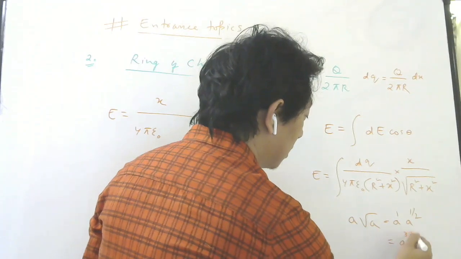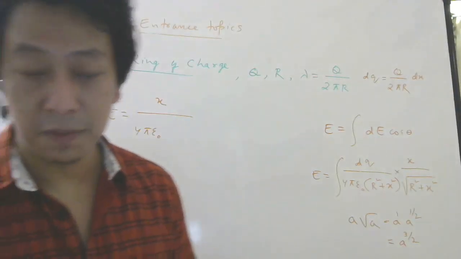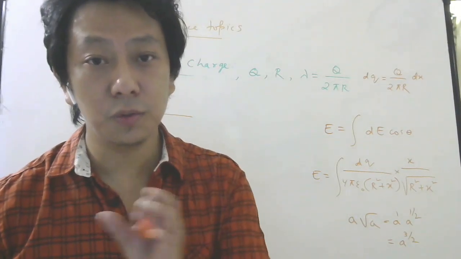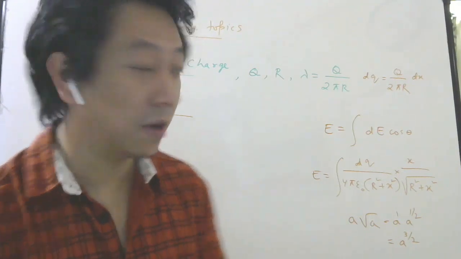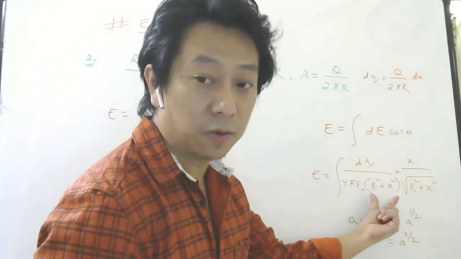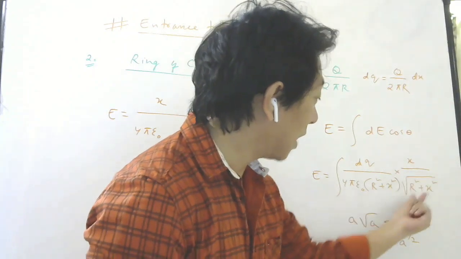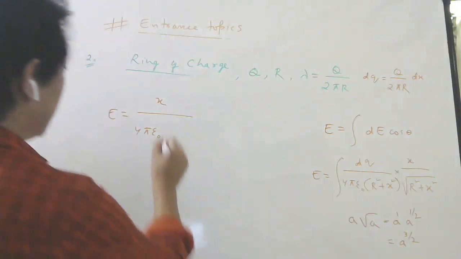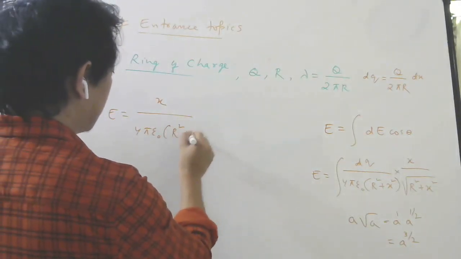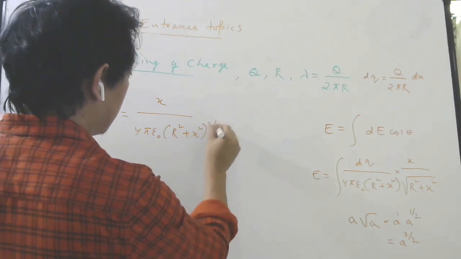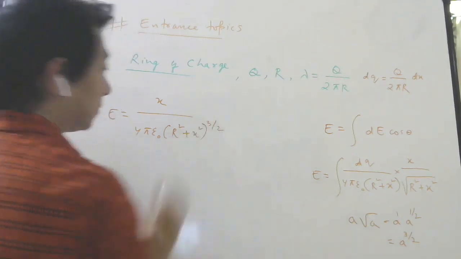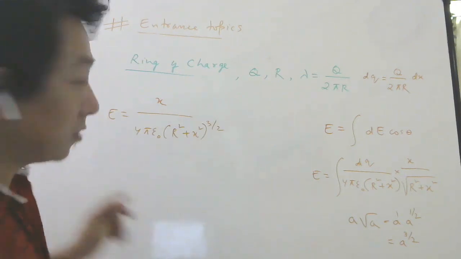A power 3 by 2. So remember this, okay? A into root a is a power 3 by 2. So r square plus x square into root of r square plus x square will give you r square plus x square power 3 by 2.